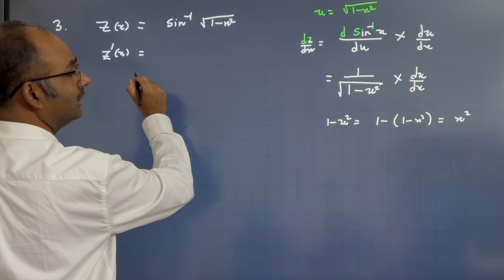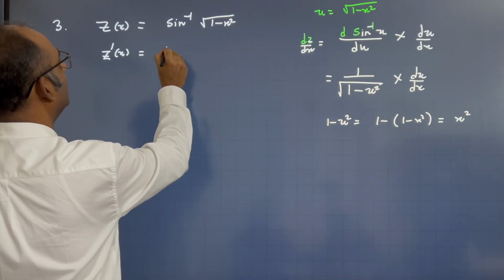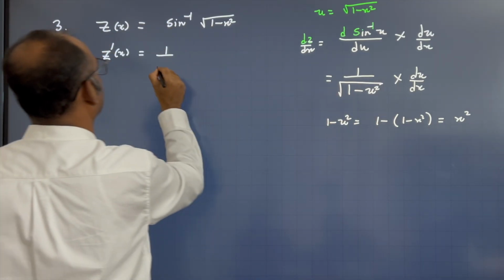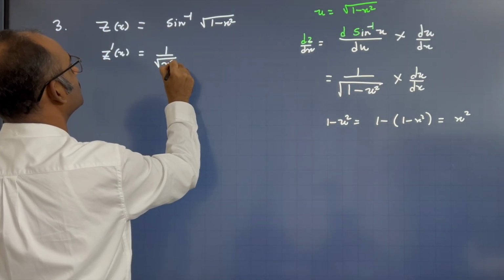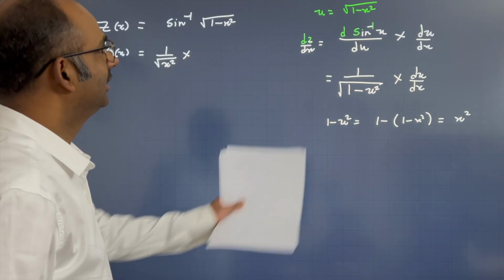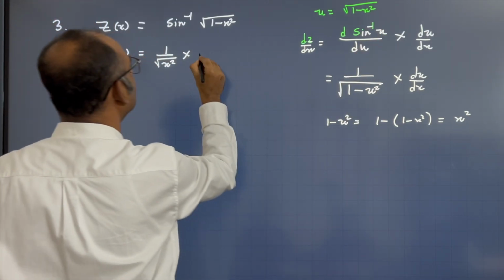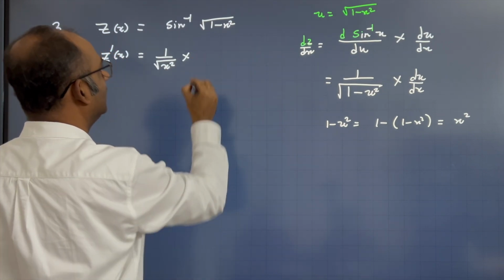It is equal to 1 over square root of x square, times du over dx, the derivative of u. This is 1, what is this?